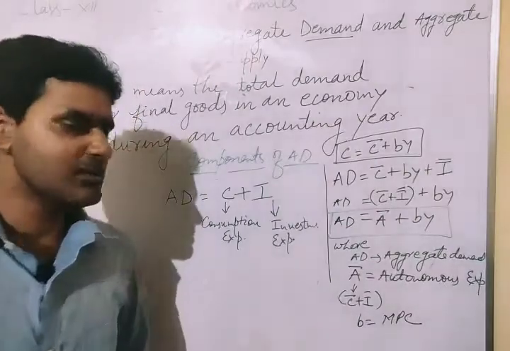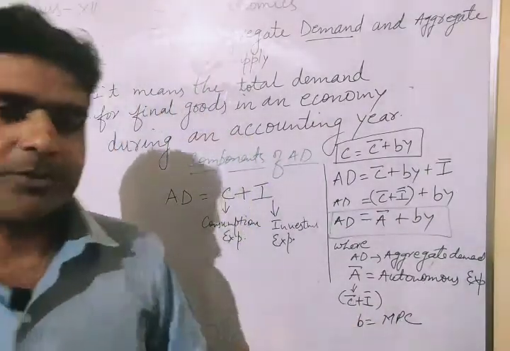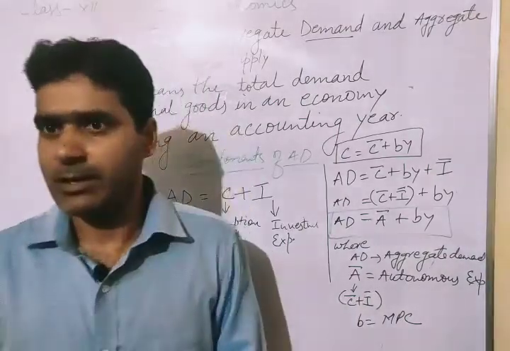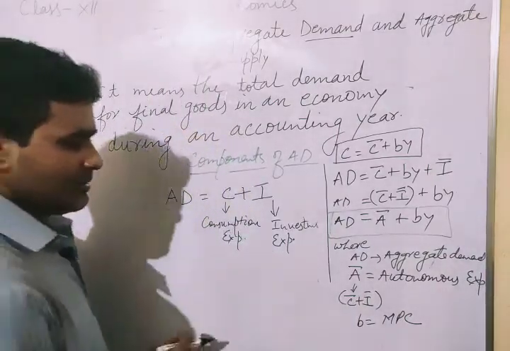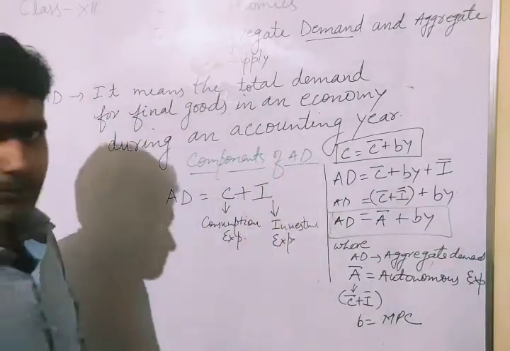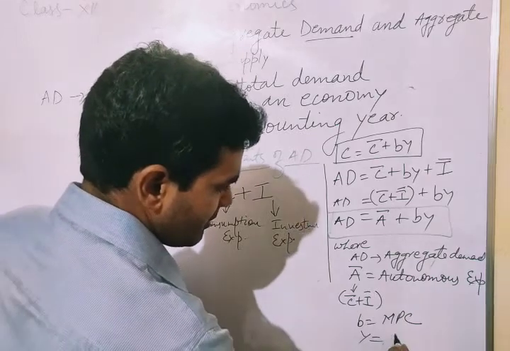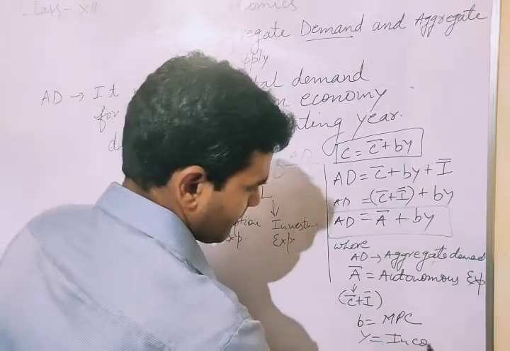This we have discussed: the functional relationship between consumption and income, or the change in consumption due to change in per unit of income, and Y is the income over here.